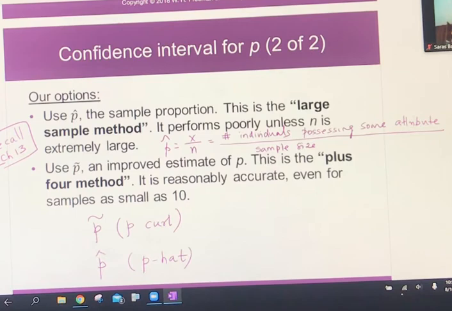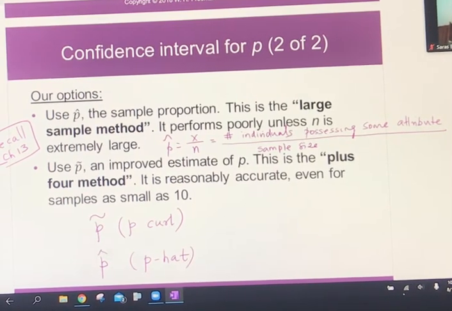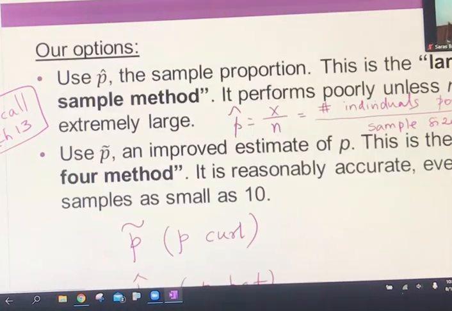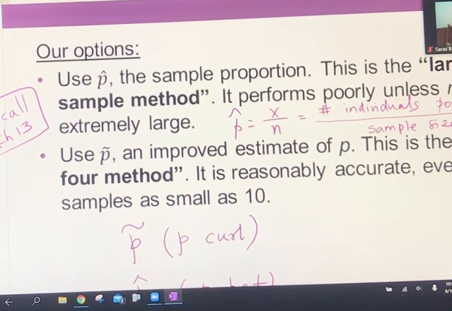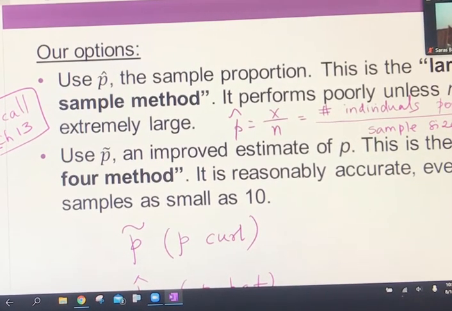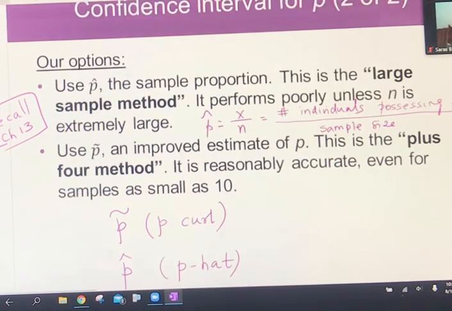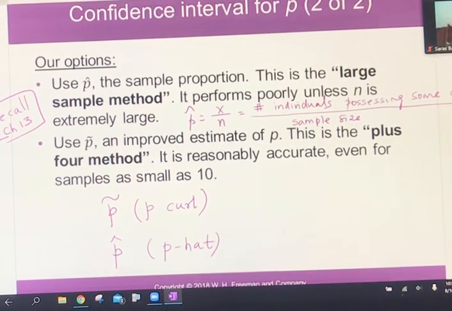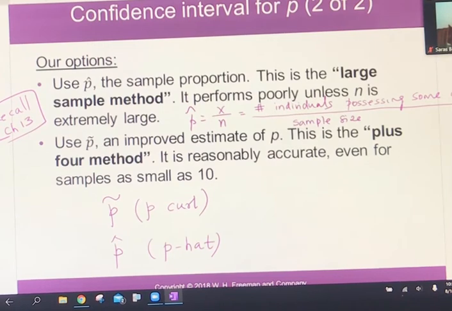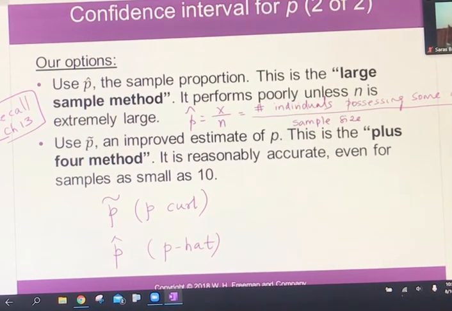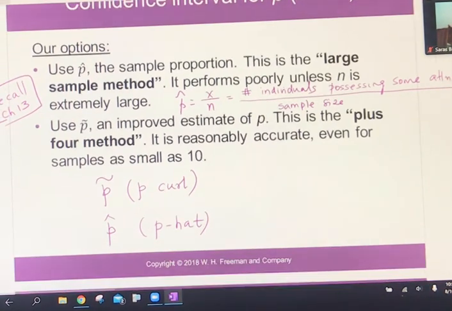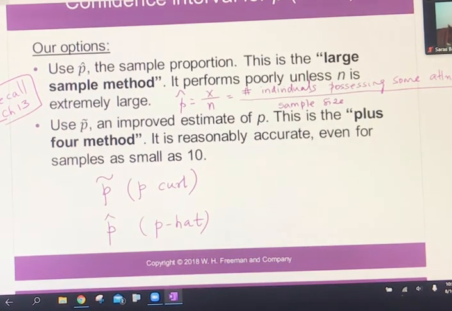You should know the difference between P hat and P curl. If I zoom in, you will see the squiggly line, which I call the P curl. That is another, improved estimate of your P, otherwise known as the plus 4 method. It is reasonably accurate even for samples as small as 10.